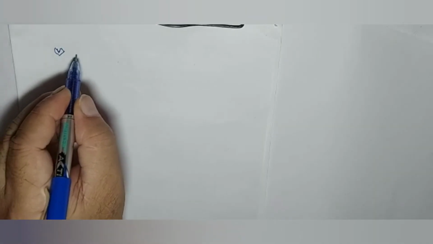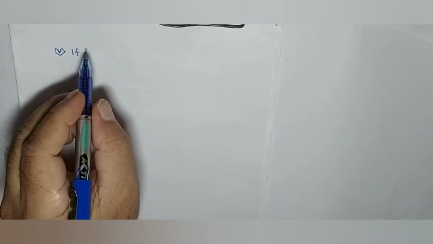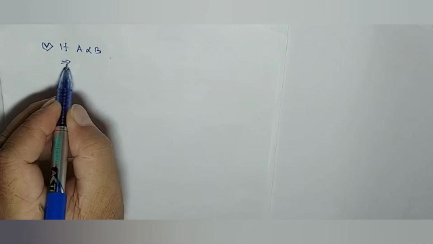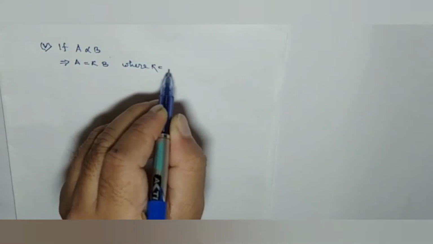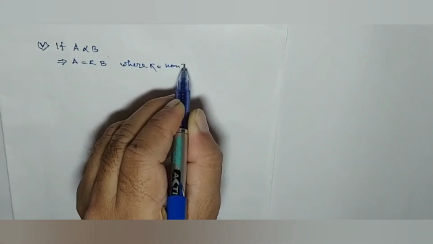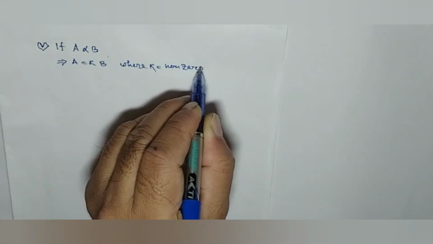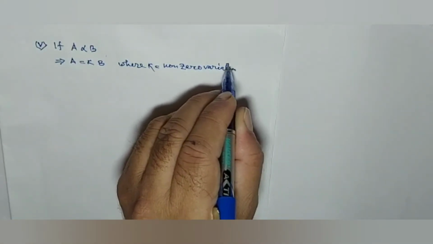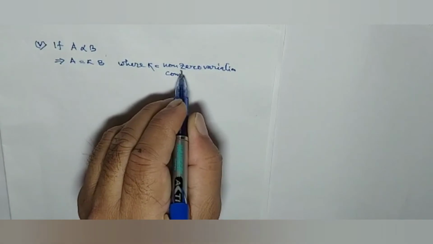Now number 5, if A proportional to B, therefore we can write A is equal to KB, where K is a non-zero variation constant.